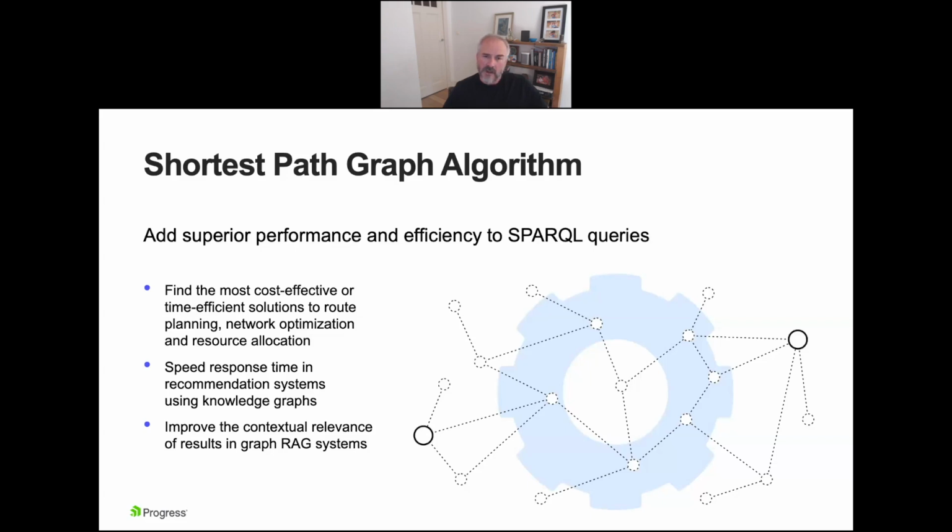Note that we will also be leveraging these magic properties in the future to add additional capabilities to the SPARQL query language, such as the unnest operation. So let's take a few minutes to show how to use the shortest path algorithm in SPARQL.